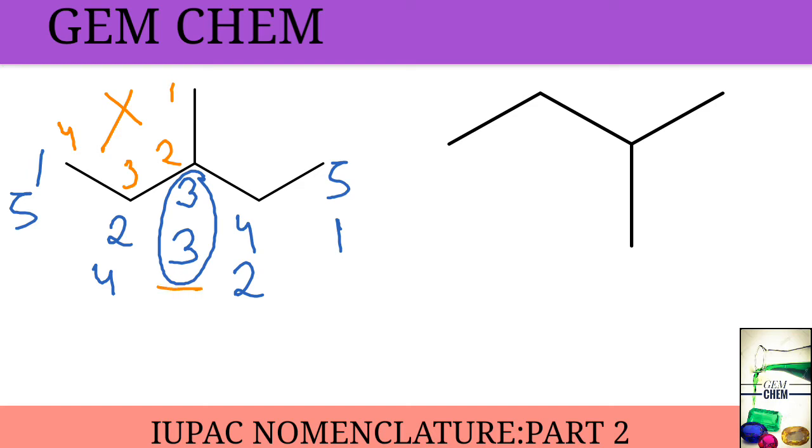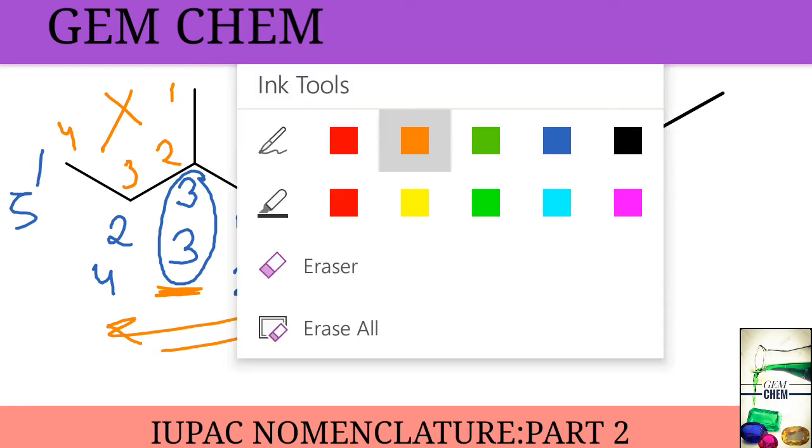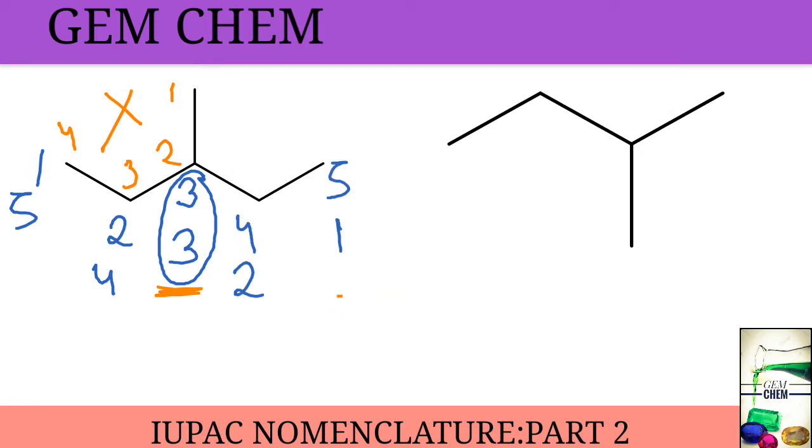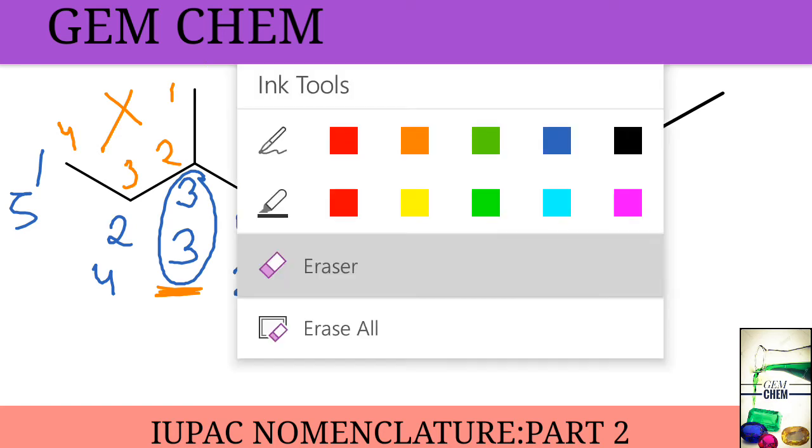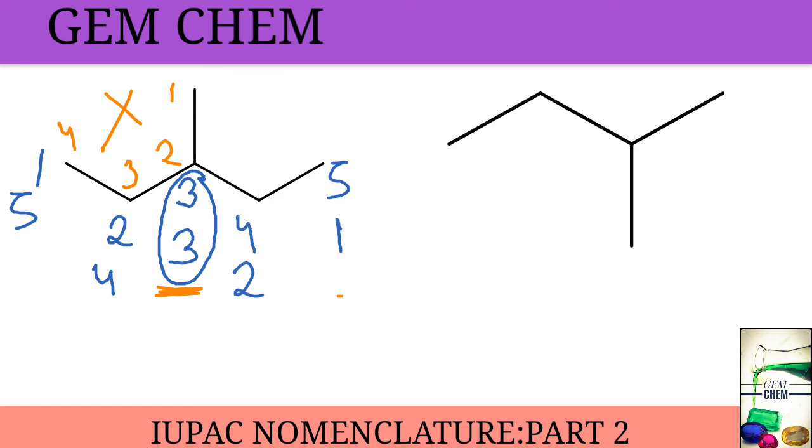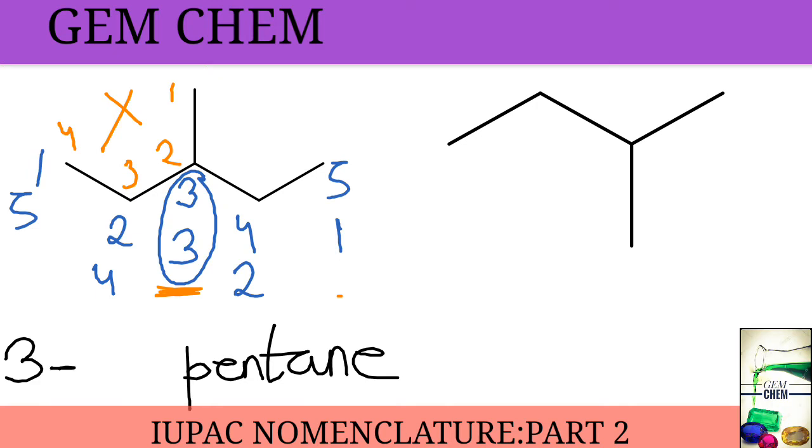So since the locant is getting 3 in both cases, we consider 3 and naming is same for both cases. Let us write the name. This is pentane, root name and the suffix, and the substituent is present in 3 position, 3 methyl pentane always.